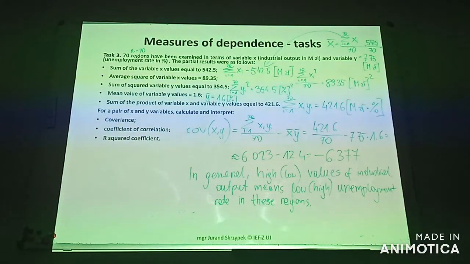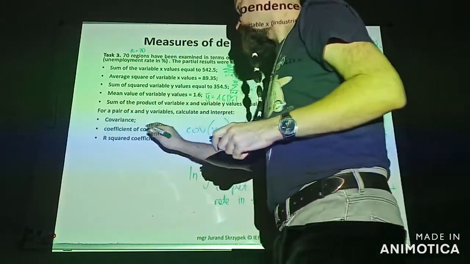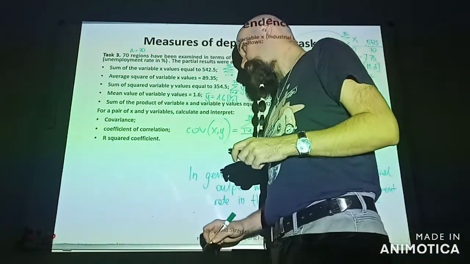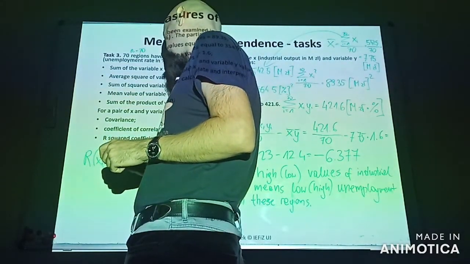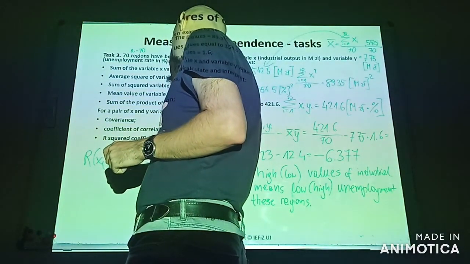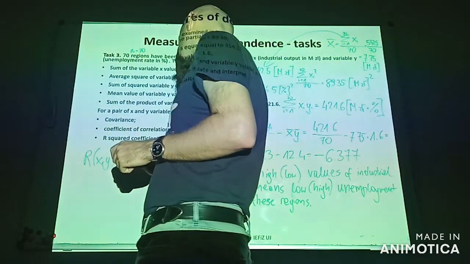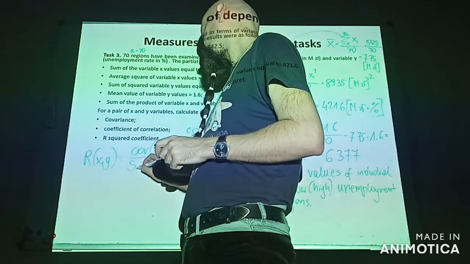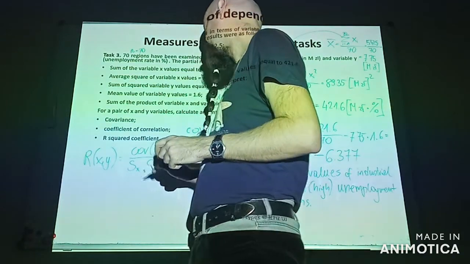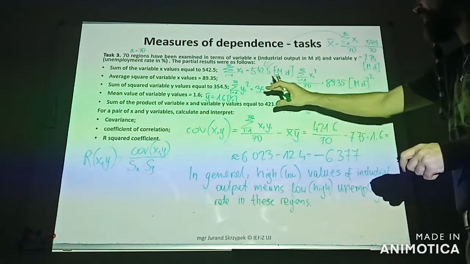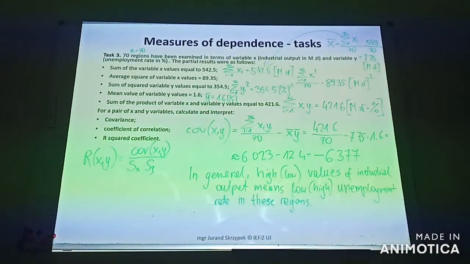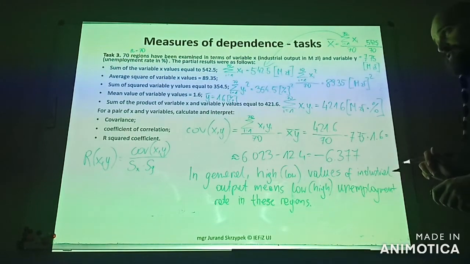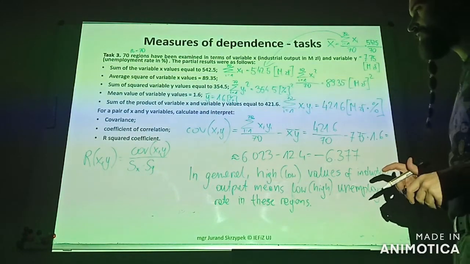Okay, the next measure is the coefficient of correlation. The coefficient of correlation is the ratio between covariance and the product of standard deviations. Here we have some partial results that help us in the computation.